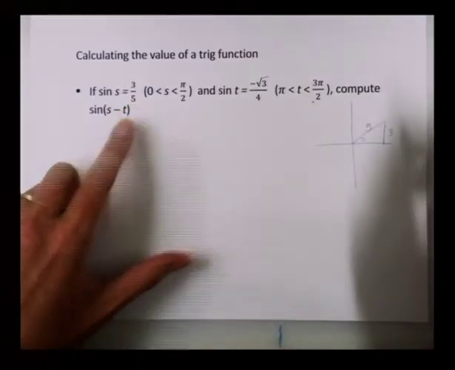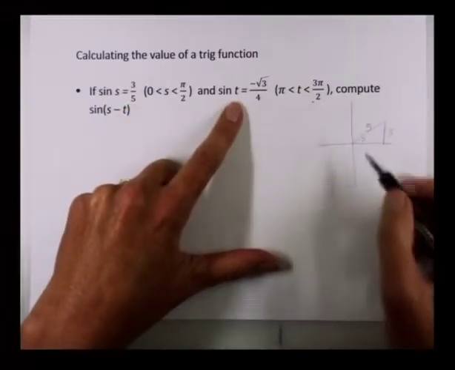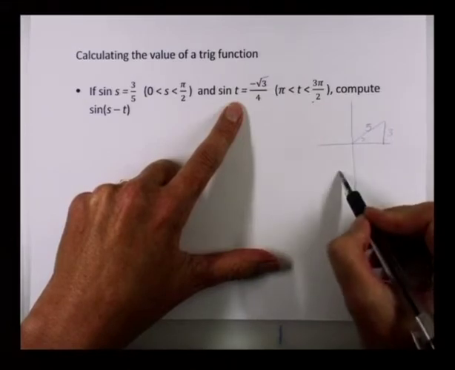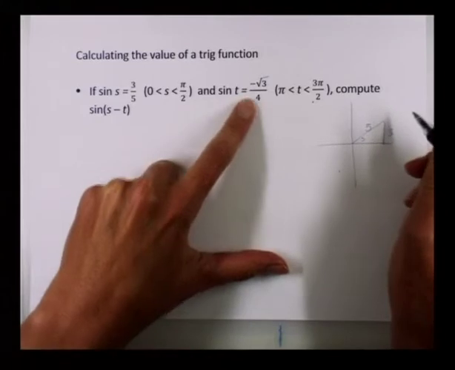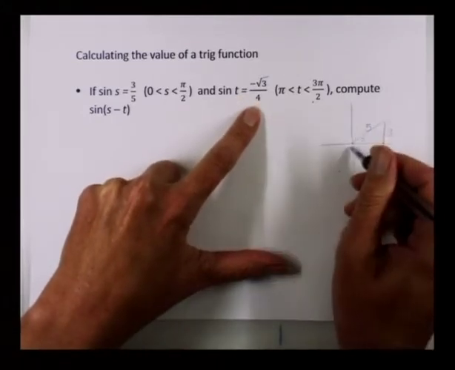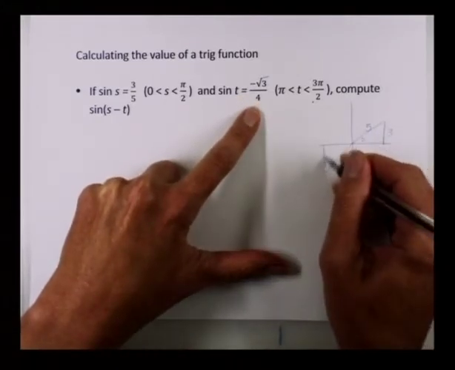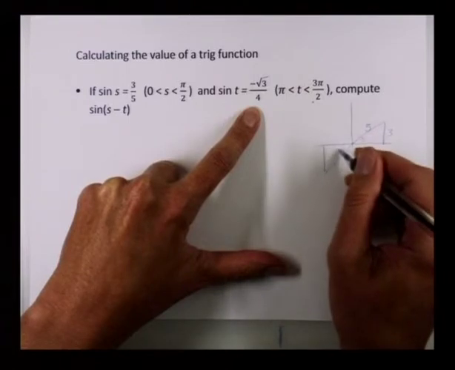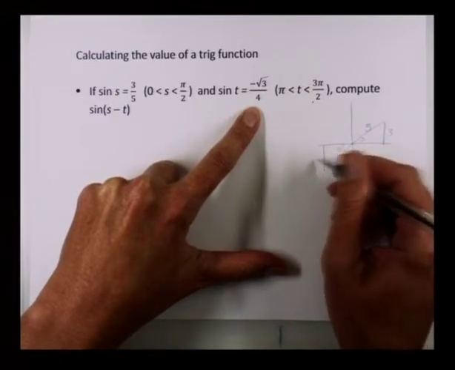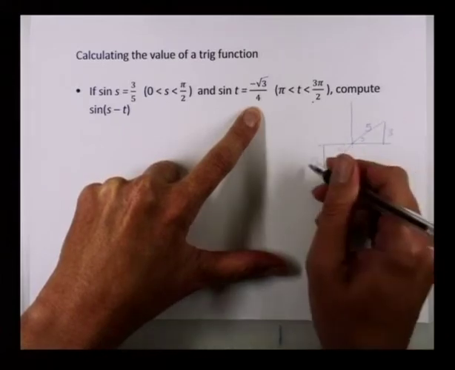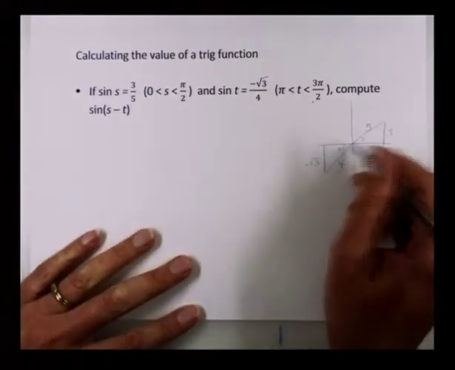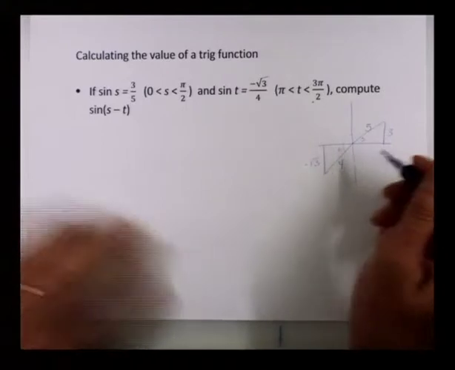And then for this angle, it's in quadrant 3, so I'm going to be down here. And they're telling me that the sine value is negative radical 3 over 4. So again, I draw a reference triangle. This is my angle T, and I have radical 3 as the opposite over the hypotenuse of 4. And I go ahead and leave this negative because it's actually a negative value for sine.